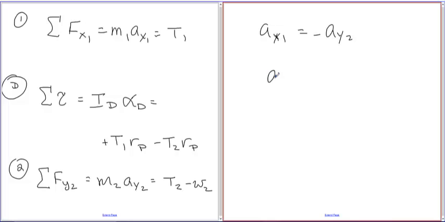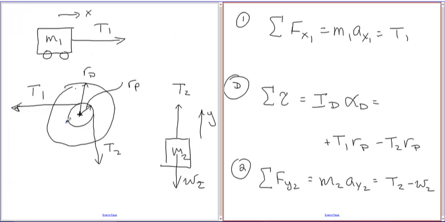Likewise, you've got a sub x1. The linear acceleration of this is going to be related to the angular acceleration of this. Remember, a is equal to alpha r. In terms of the sign, a positive x gives you a clockwise rotation, which is negative.